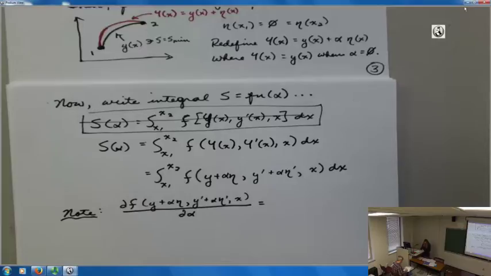Let's think for a moment. Let's say that f didn't depend on all three of these things. It only depended on the first one. In that case, I'd have df with respect to alpha, where f is a function of y plus alpha eta.